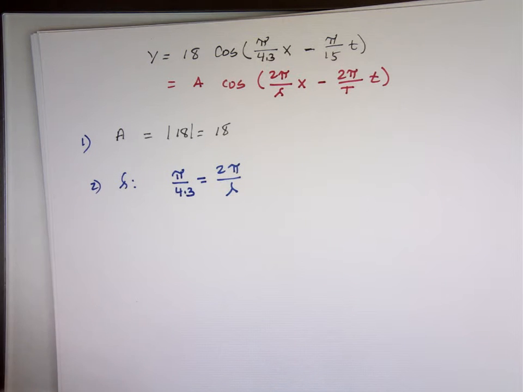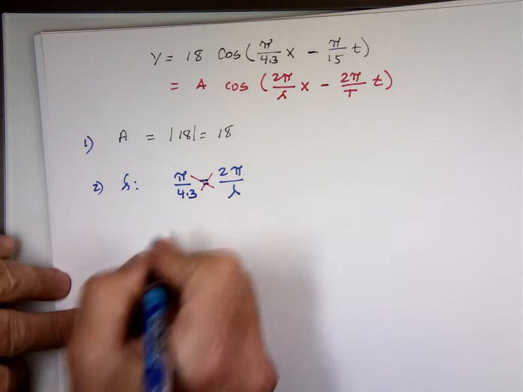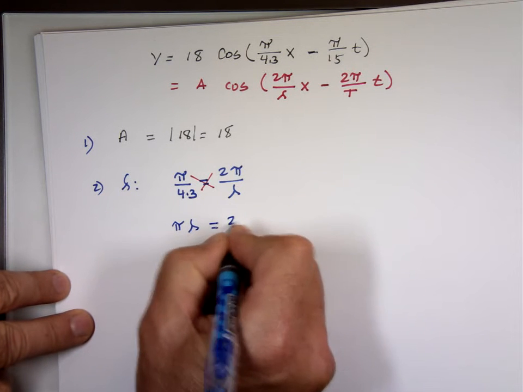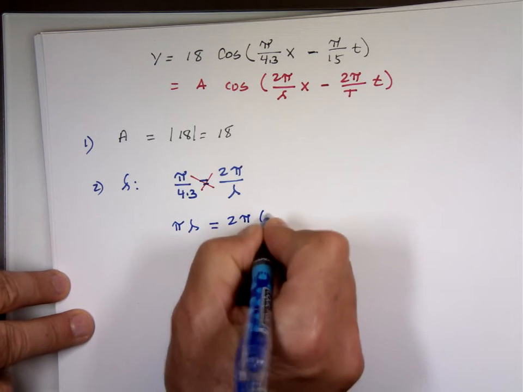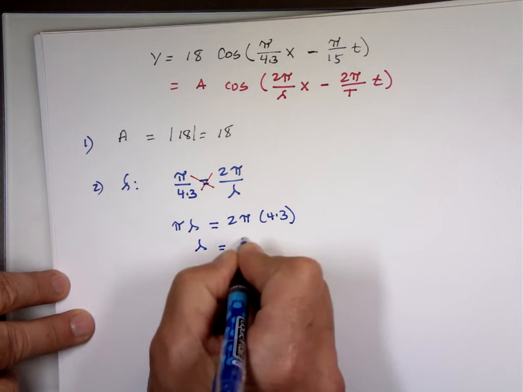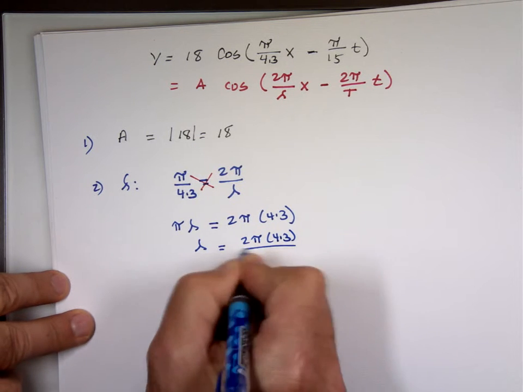Notice they both have lambda, but go cross multiply. Pi times lambda equals 2 pi times 4.3. What is lambda? 2 pi times 4.3 divided by pi. What will happen to pi?